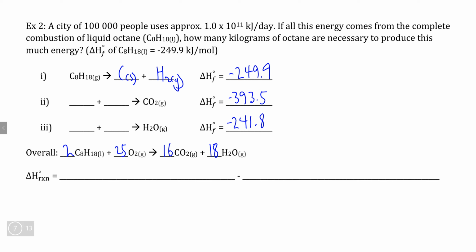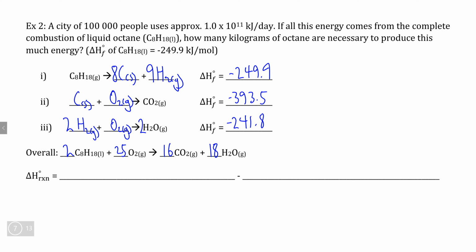So we know octane breaks down into 8 carbon and 9 hydrogen gas molecules. We know that carbon dioxide breaks down into 1 carbon atom and oxygen gas, and we know that water vapor breaks down into hydrogen and oxygen gas with the proper balancing coefficients like so.